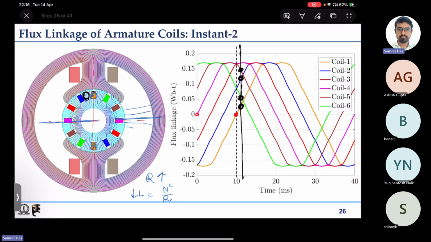So you have coil 1 giving some positive voltage, coil 2 again giving some positive voltage, coil 3 approximately 0 voltage, coil 4 again 0 voltage, coil 5 and coil 6, coil 5 is brown, so it is negative voltage, and the green one, coil 6, that is also negative voltage.